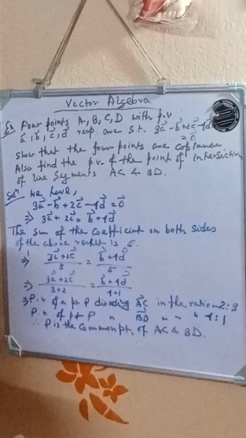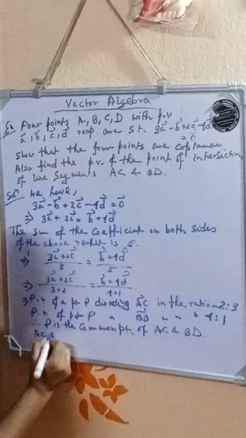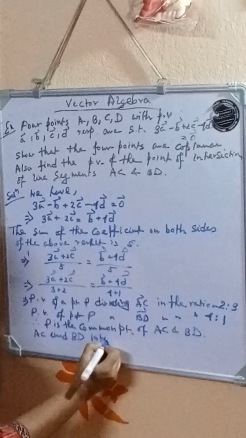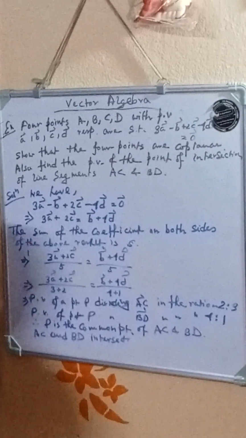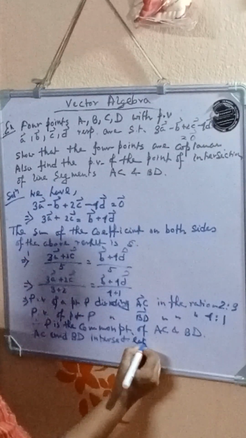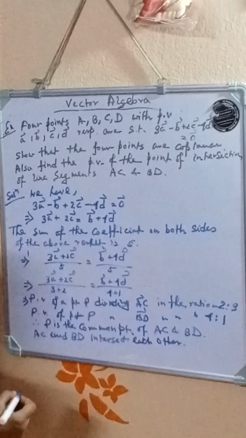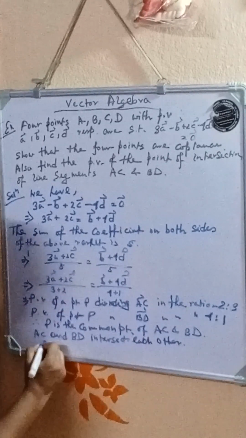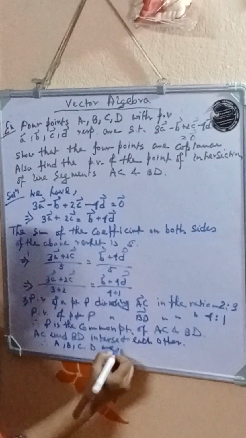Therefore, AC and BD intersect each other. Therefore, A, B, C, D are coplanar.